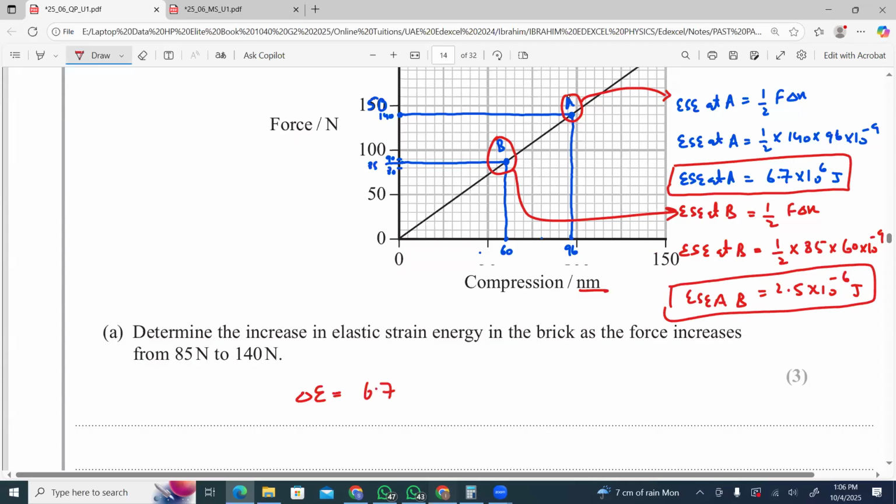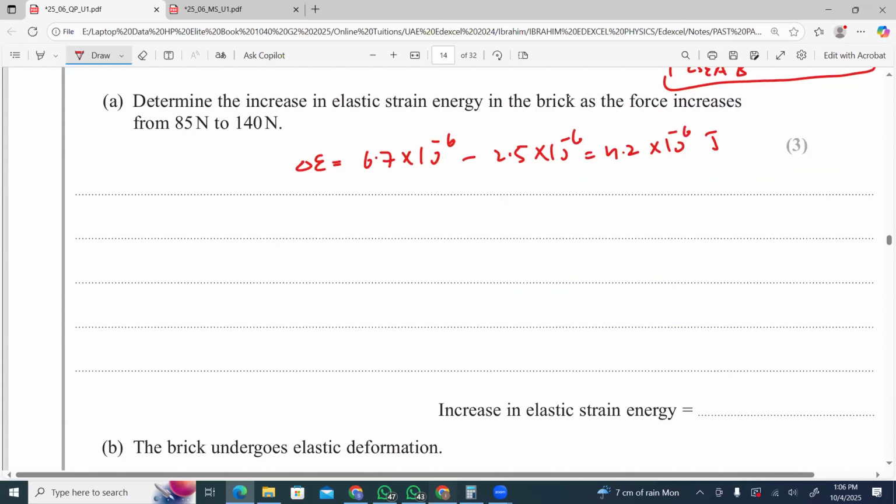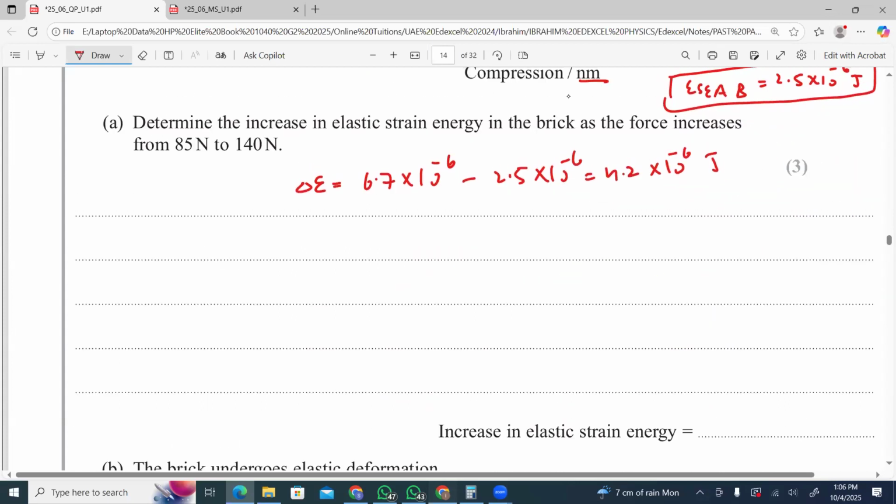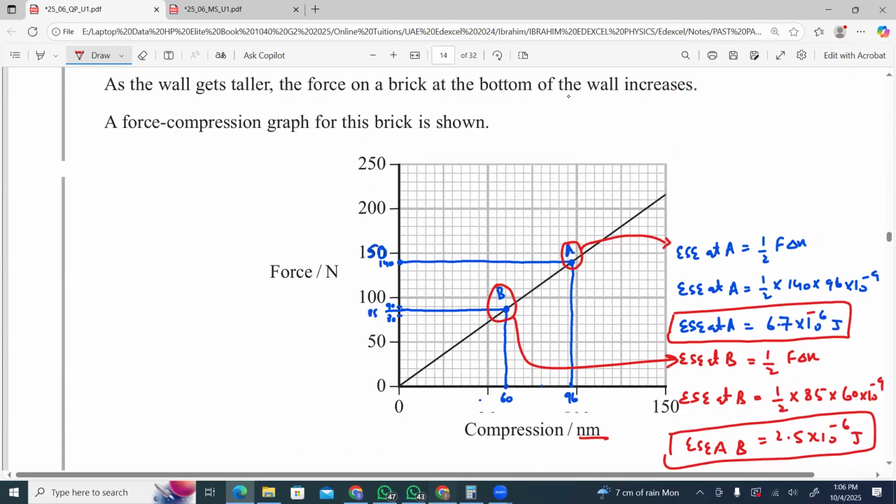So 6.7 into 10 raised to the power minus 6, minus 2.5 into 10 raised to the power minus 6. So 6.7 minus 2.5 is going to be 4.2 into 10 raised to the power minus 6 joule. This is the change that you will have in the elastic strain energy in the brick as the force increases.